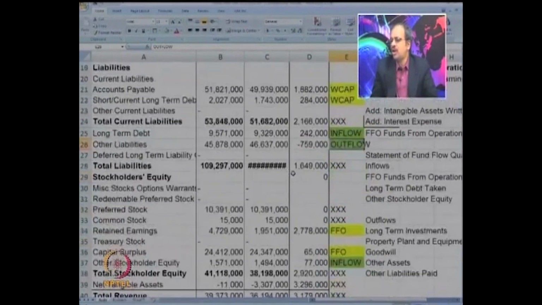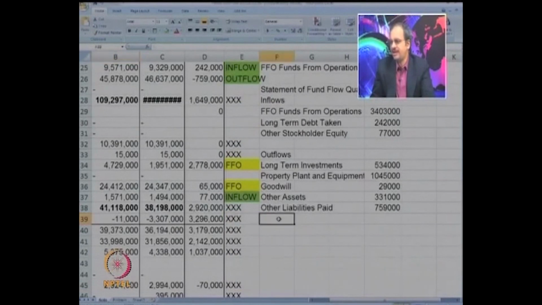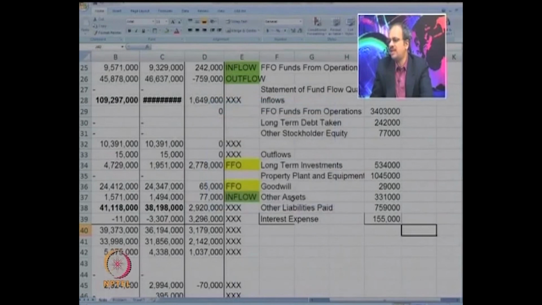Now if you see, all the balance sheet items are accounted for, but we should also account for interest expense, because it is also interest paid. Only the current year figure is relevant, that is 155. So we have recorded almost all the items.